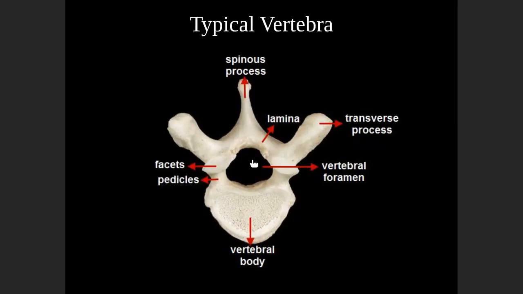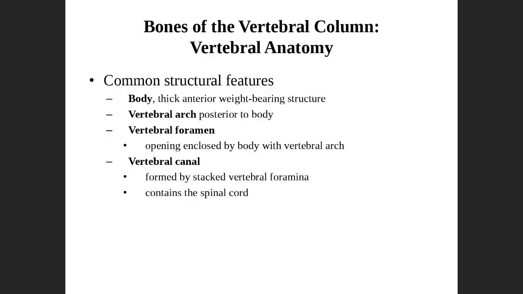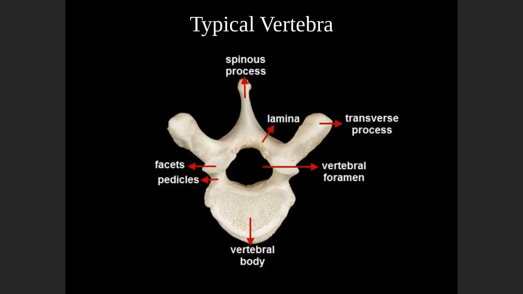They're more like a tunnel-like structure. So we give that a special name, and we call that the vertebral canal. In the vertebral canal is this beautiful structure, spinal cord.